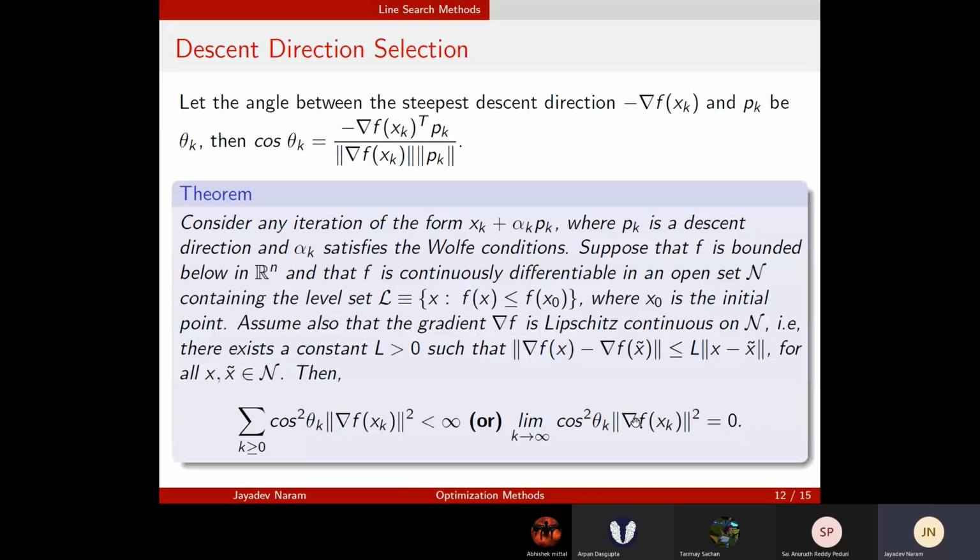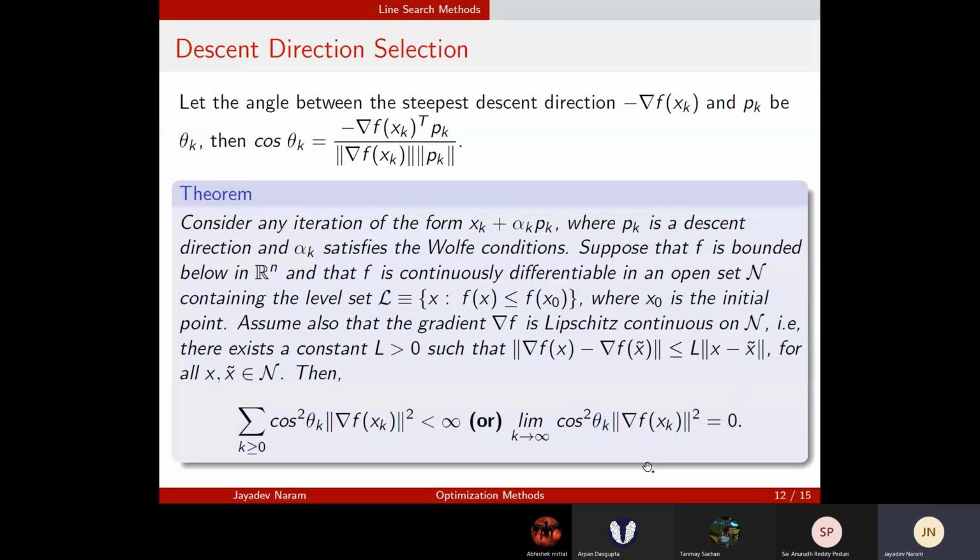Essentially, we cannot strictly say that as this condition is satisfied, it will result in a local minimizer or something like that. But this is a very general result. We do not per se assume very strict conditions, and even in this case we are able to prove this particular result.